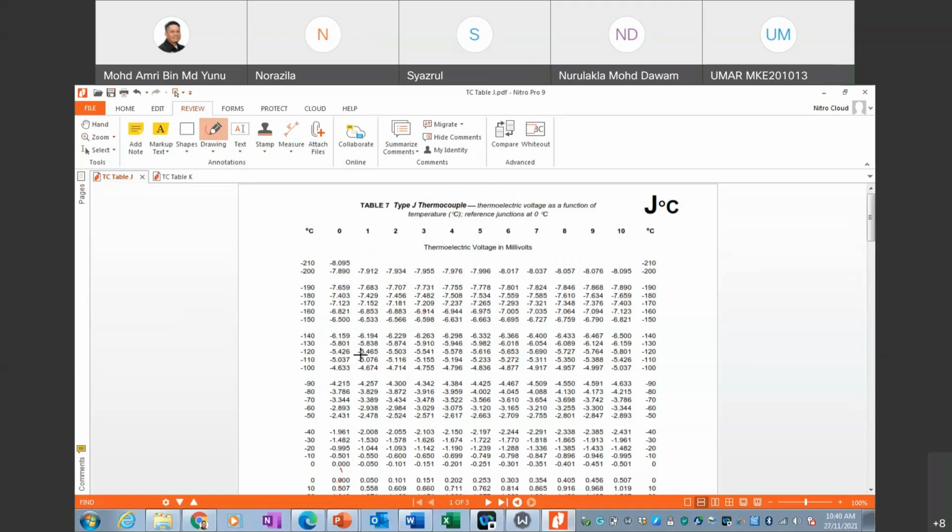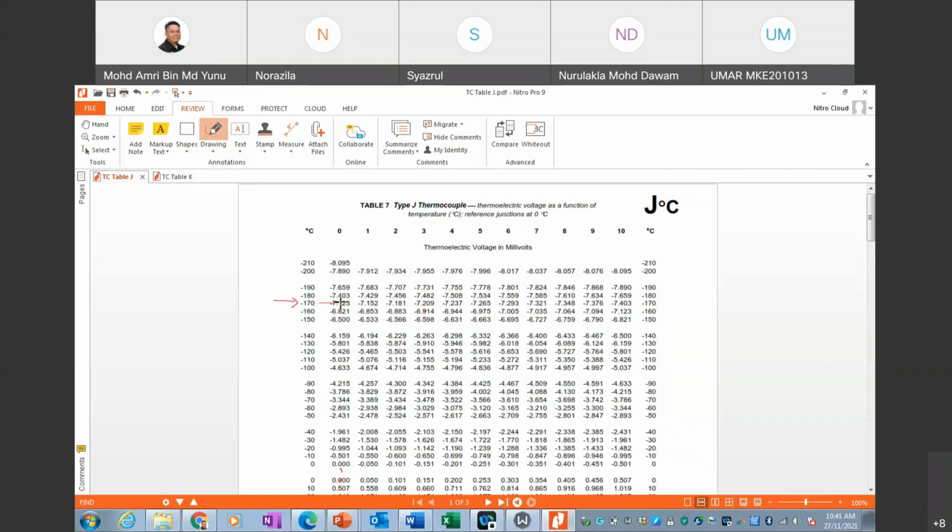To read for the negative range, still we use the left column here. Let's say negative 172. So here we have the initial temperature negative 100 on the table.